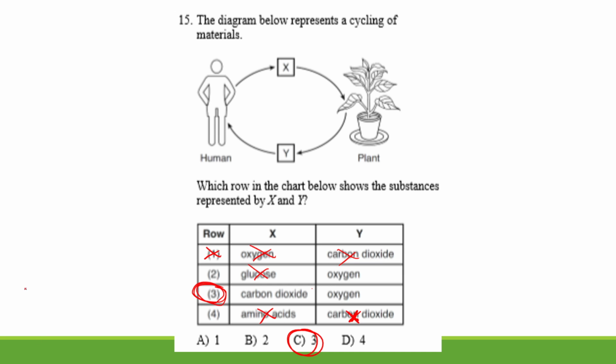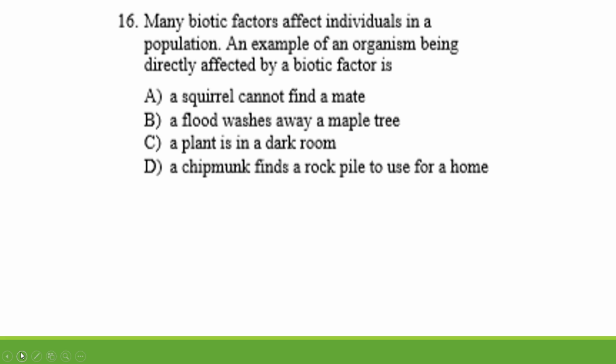Looking at our next practice problem. Many biotic factors affect individuals in a population. An example of an organism being directly affected by a biotic factor is... when we talk about biotic factors, and this is one of the definitions that we talked about in the very beginning of the unit, abiotic factors are non-living, whereas biotic factors are living.